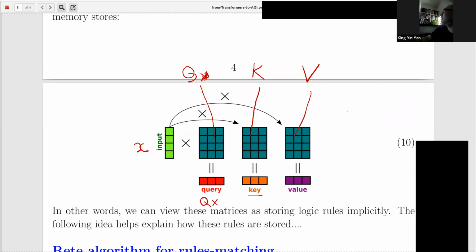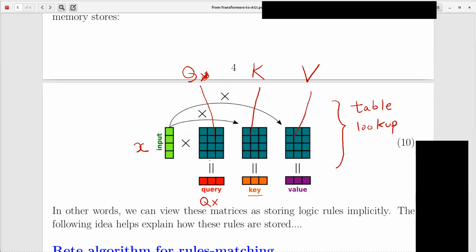So this entire thing is like table lookup. For each input you look up, you get the query, and you also get the key and the value.